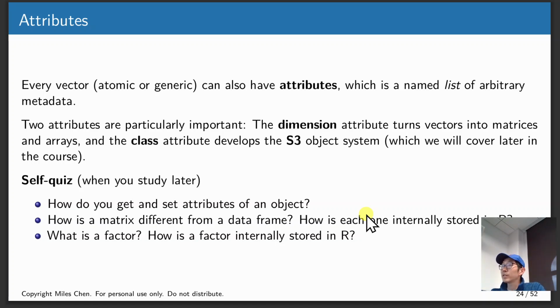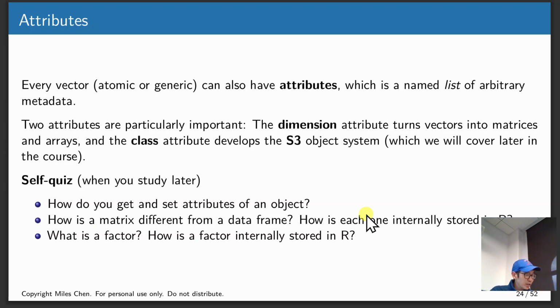Vectors can also have attributes, and that's either the atomic or the list. Their generic vector can have attributes. Attributes itself is another list, okay? And it's a list of just arbitrary kind of information. We call this metadata.